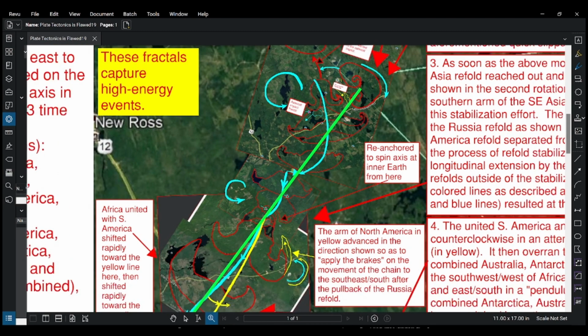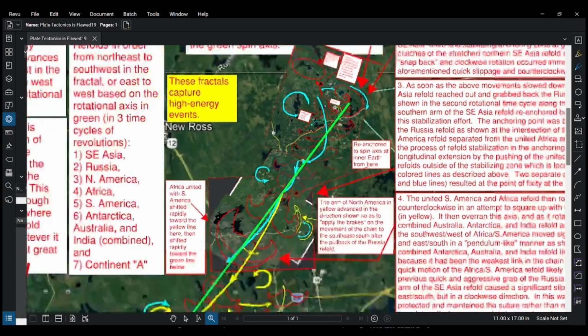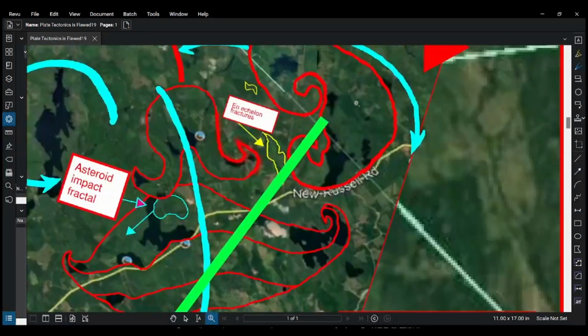That's the original equatorial spin axis. So that impact pulled everything to the left. You see that axis bent and everything that's shown in blue. This is the Southeast Asia refold right here. The arms got pulled out and snapped in. And there's another signature that's supported by en echelon structures. Again, en echelon fractures, I call it. So that would describe the dynamic perfectly.